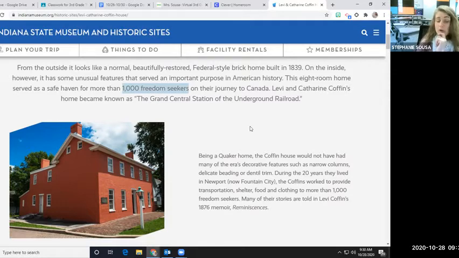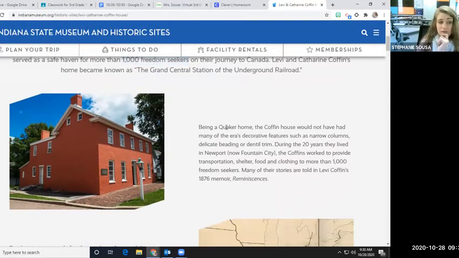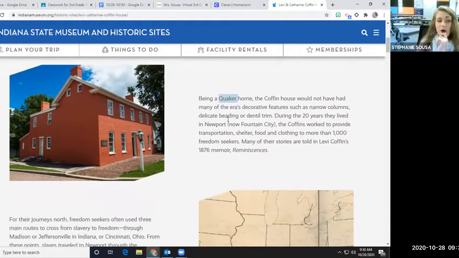So helped people escape. The Coffins were a Quaker family, that's a religion, and they helped many people escape. They worked to provide transportation, shelter, food, and clothing to more than 1,000 freedom seekers.